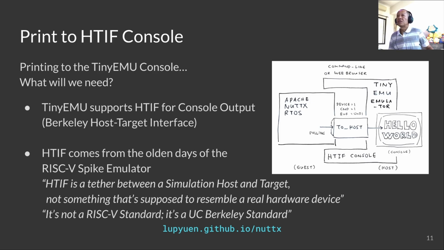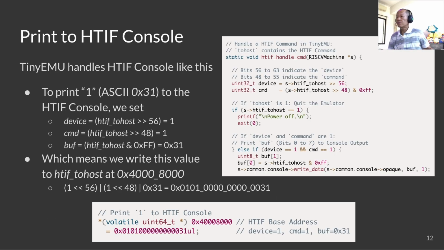TinyEMU supports HTIF for console output. This is the Berkeley host target interface. HTIF comes from the olden days of the RISC-V Spike emulator. HTIF is a UC Berkeley standard, not a RISC-V standard. We don't see it much in other emulators. TinyEMU source code is surprisingly readable.